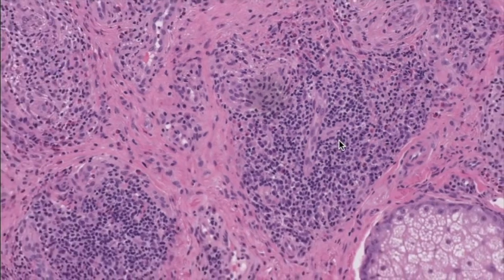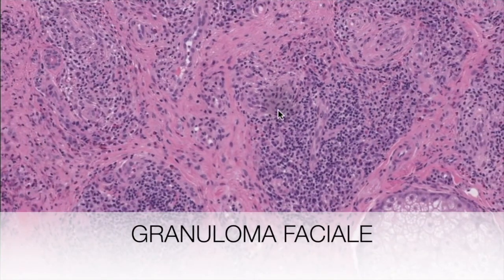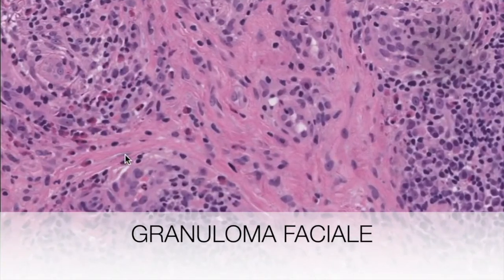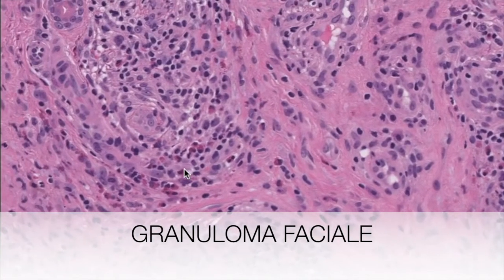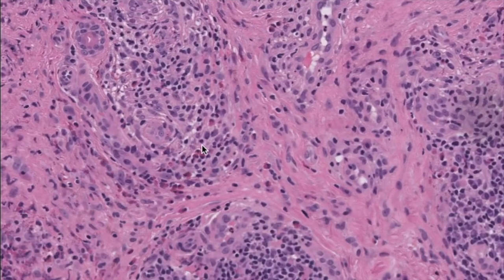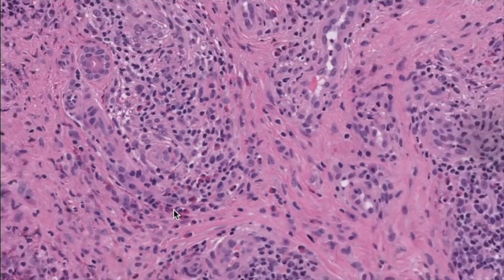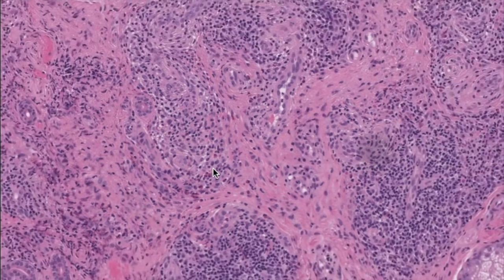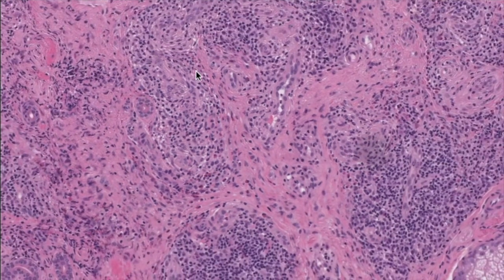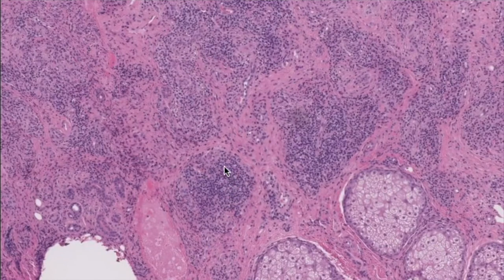So this is Granuloma Faciale, the counterpart of the EED we talked about, and we see here more eosinophils and granuloma-like formation. They are not true granuloma, but those lesions are on the face.